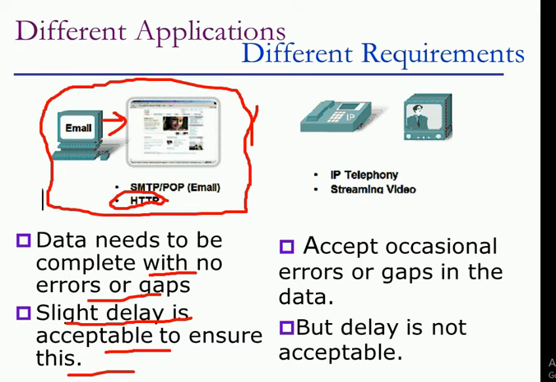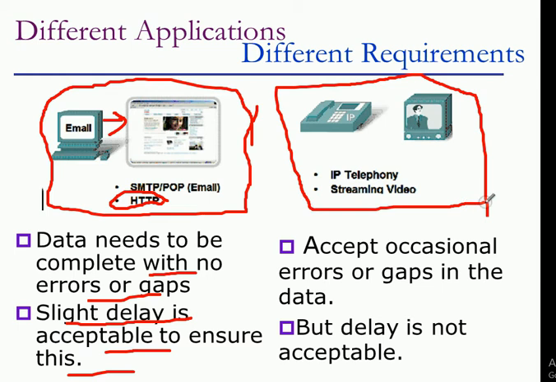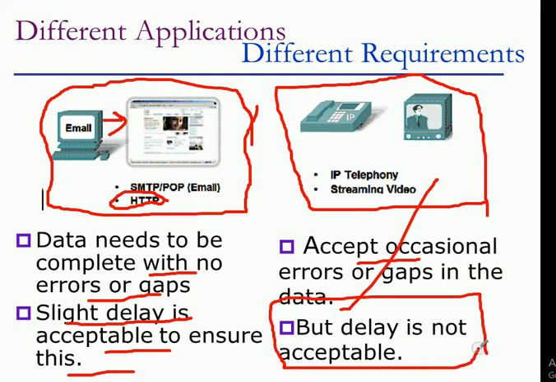On the other hand, look at this. If I have some errors, for example, "hello, hello, hello, now I can hear you," okay, we can accept that. But I cannot accept a "hello" 2 days later. You call your best friend and say hello, and 2 days later they reply hello.